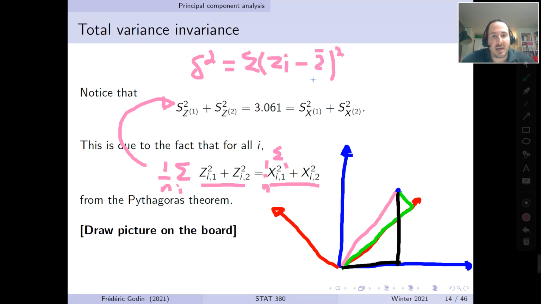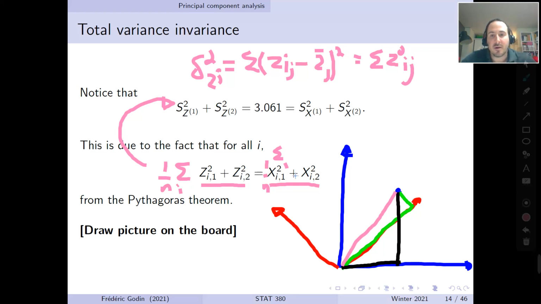But z bar, we said, is always equal to 0. We will show that subsequently. And x bar is also equal to 0 because x is centered data. So this is basically the sum of the zi. So s z j is zij minus the mean, which is the sum of zij squared.